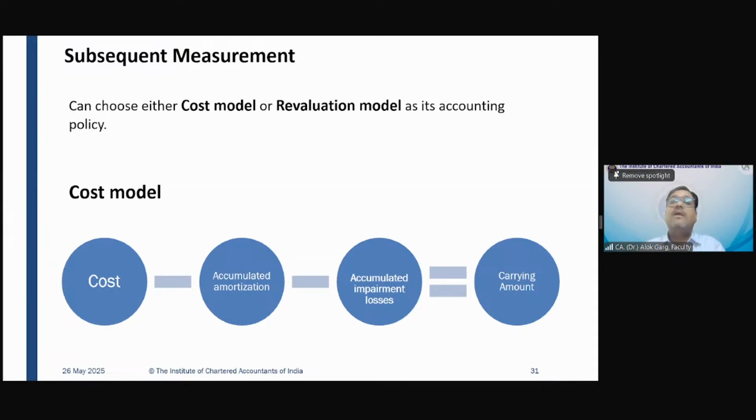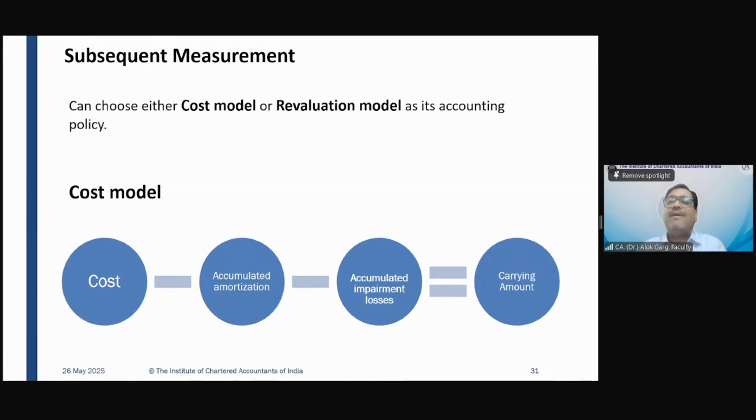For example, the company has 5 software and has opted for a revaluation model for the software. In this case, the company has to apply the market value or fair value, the revaluation model, for all the 5 software in that class. But let's say the company has market value or fair value only for 4 software.